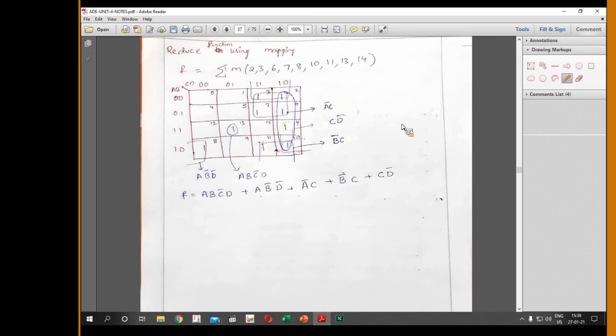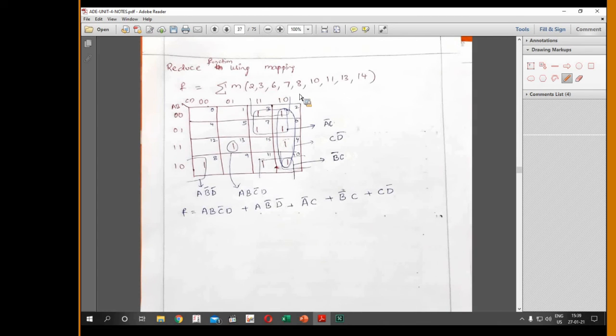So now an example I have taken, using your 4 variable. So sigma m represents that your function is given in the standard SOP format, sum of minterms. Small m, if it is identified with a sigma, it identifies that your function is in standard SOP.